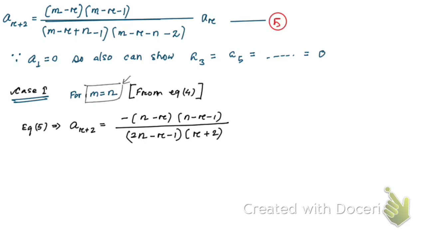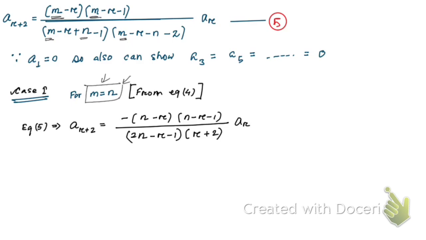This is what we have got, right? So how have we got this? I have replaced this m by n. Wherever you see m, replace it by n, because m is equal to n here. So here also we have got n, and n minus n cancels, so we have got this, right? Hope you have understood this.